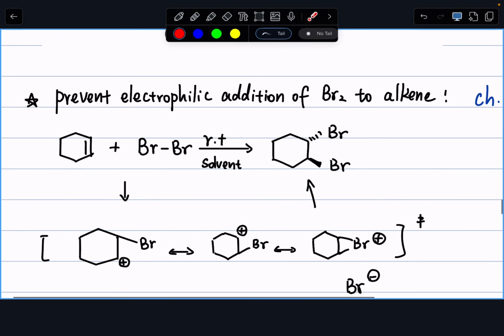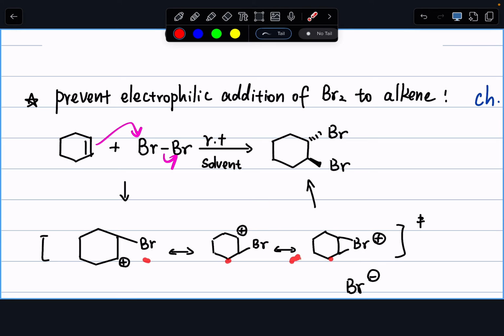As a quick review, think about what might happen if you have cyclohexene and you treat it with Br2. Naturally, you'll have the electrophilic addition to form that carbocation, and now this one is a bridged bromonium.